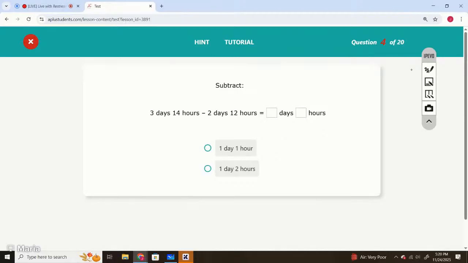So subtract days to days and hours to hours. So the correct option is, very good, 1 day, 2 hours. Option number two is the correct option.